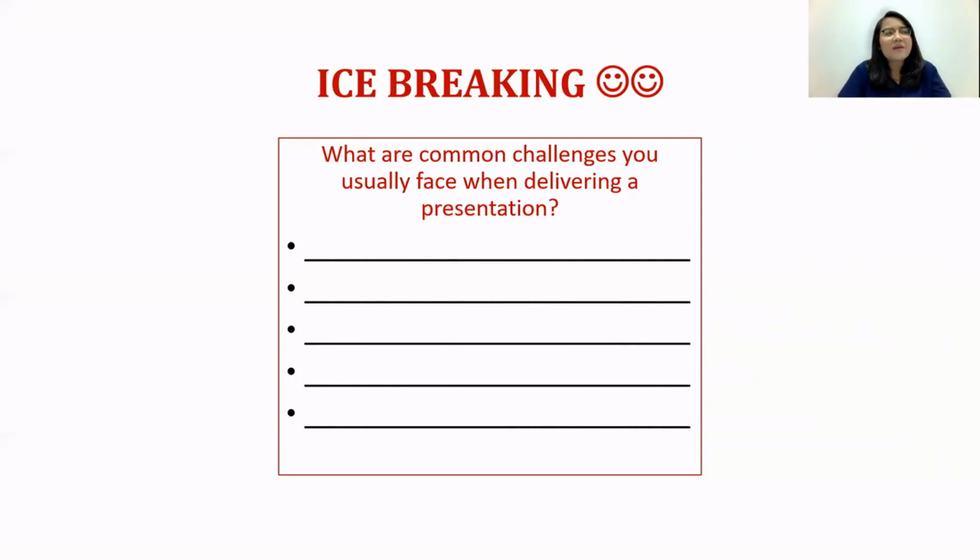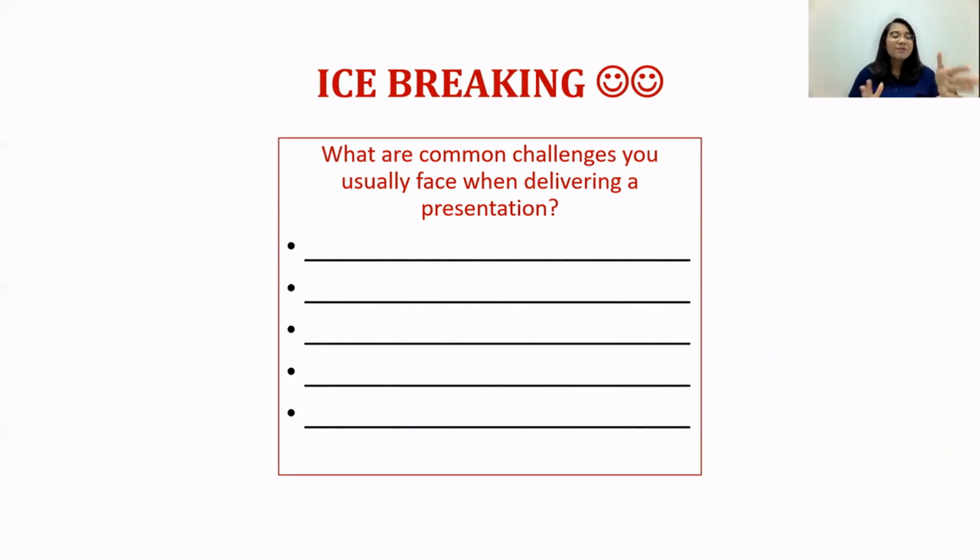It can be about the expressions you need to use in a presentation, or about handling the audience or handling the questions in a Q&A session, or about the preparation. There are many angles to address this question.